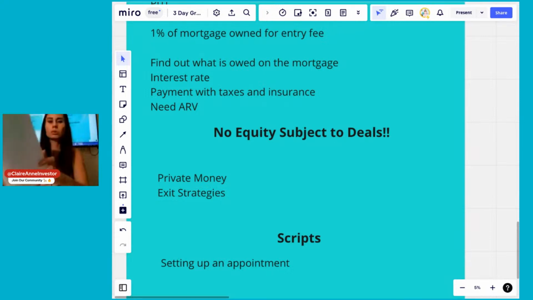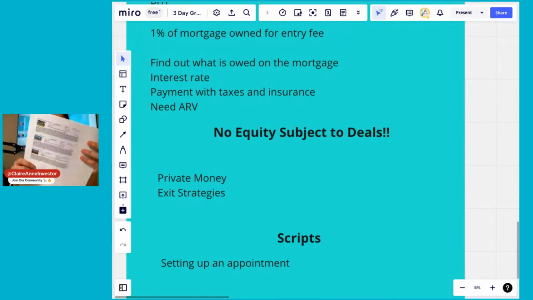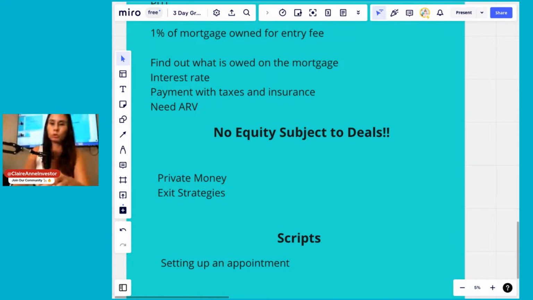So typically with the agents, let's go through the agent stuff. What I've learned in this community we went to on Saturday is that you have to lowball them with a cash offer first, and then go back and ask them about creative financing, because if you don't, it's really hard.